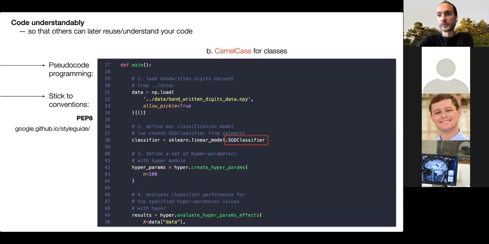Whereas classes are written in camel case. Camel case means that the individual words that make up your class name are not separated and they start with capital letters. In this case, we would have the SGDClassifier, which we're using in our analyses, which is the stochastic gradient descent classifier from scikit-learn.